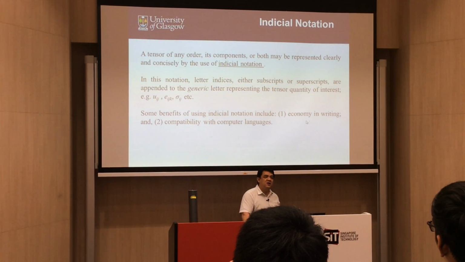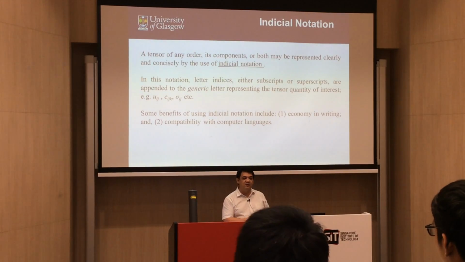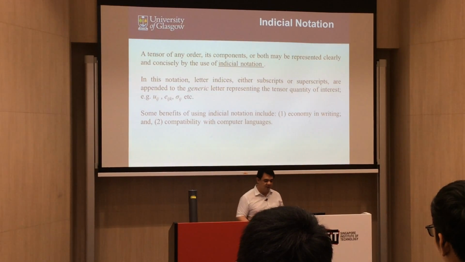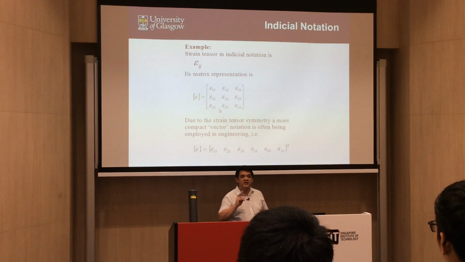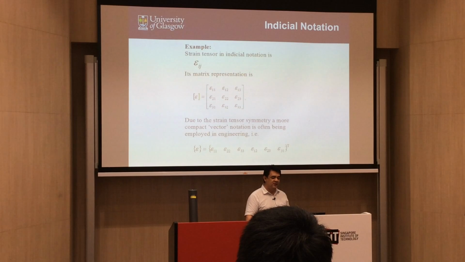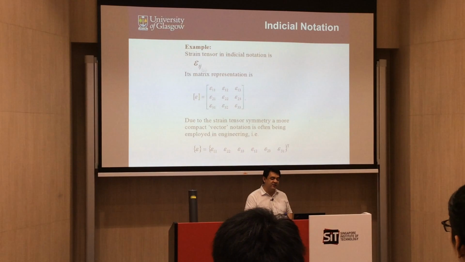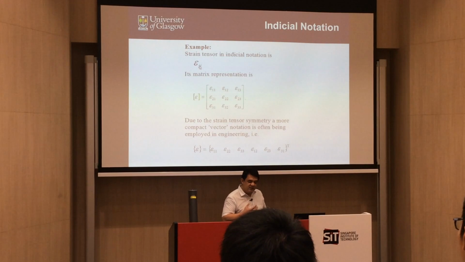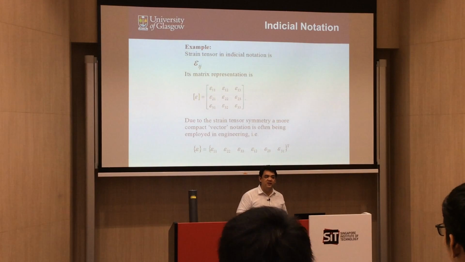Rather than writing the stress sigma ij as a 3x3 matrix, you can simply write sigma ij. Strain is a rank 2 tensor. Epsilon ij is the same as stress. Instead of writing them in matrix form, you can simply write them this way. Sometimes when you operate on these values, it's even more convenient than using the matrix.